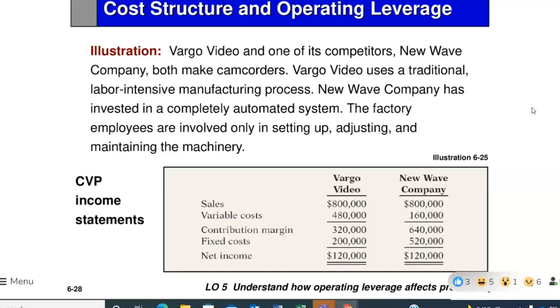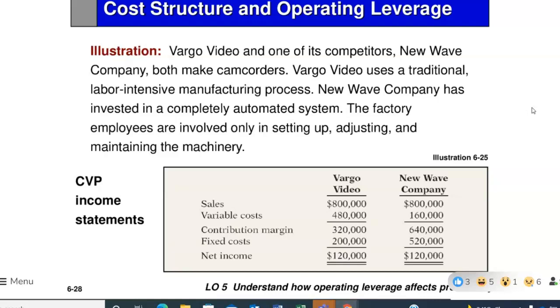Now, we have sales of 800,000 for Vargo and 800,000 for New Wave. So together, you can see there's 680 in expenses, 480 in variable costs for Vargo and 200 in fixed costs for Vargo. That's Vargo's cost structure.